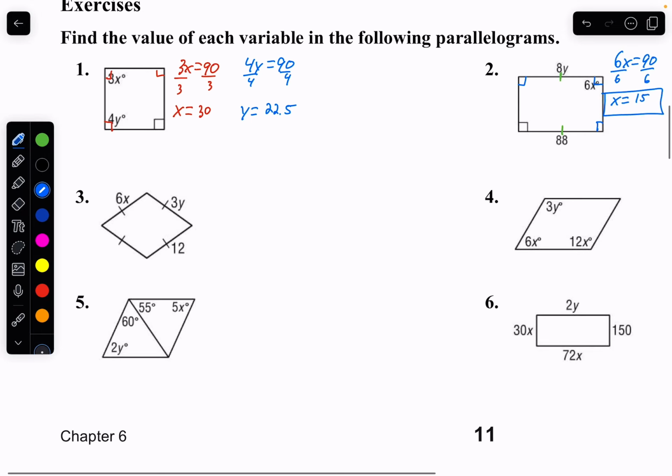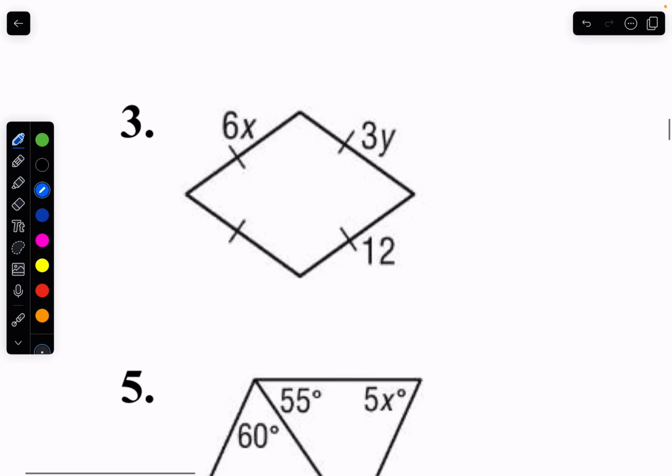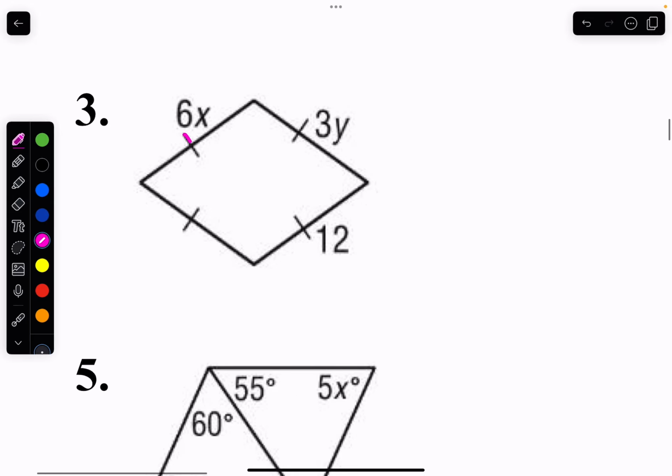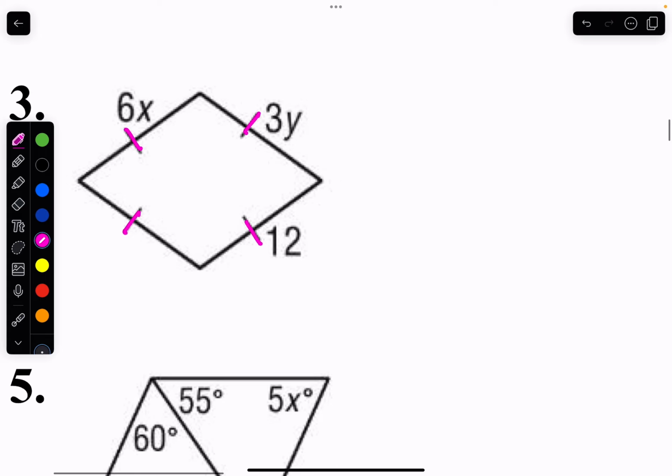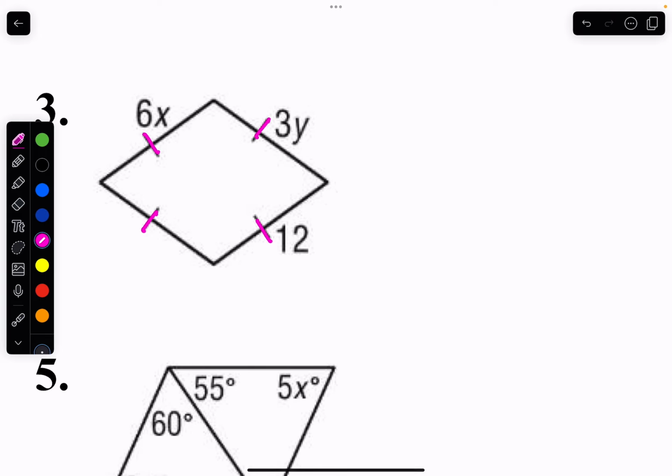Problem number 3. We clearly see that we have 4 sides. All 4 of them are congruent. So given this situation, all of them are congruent, I can say 6x equals 12, and I can also say 3y equals 12.